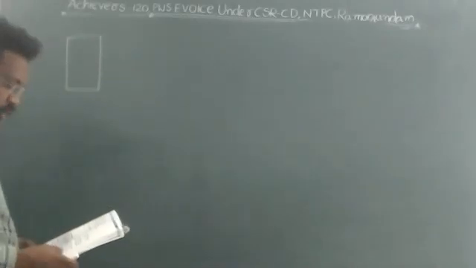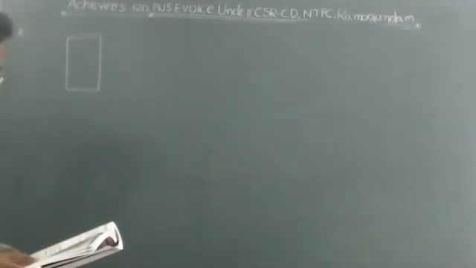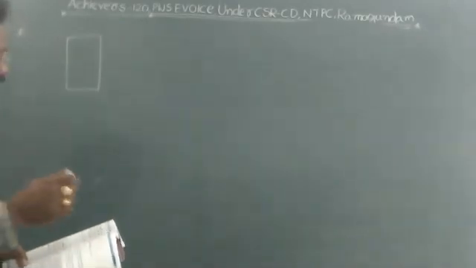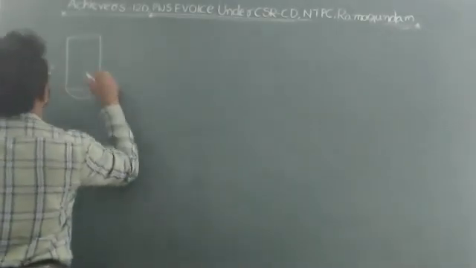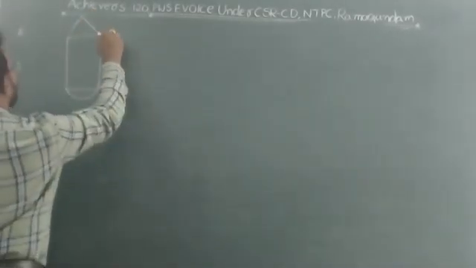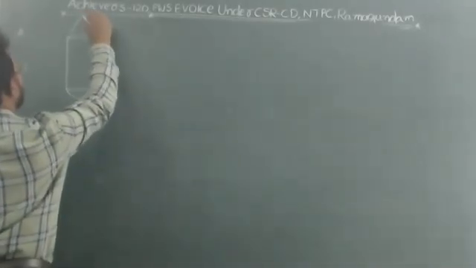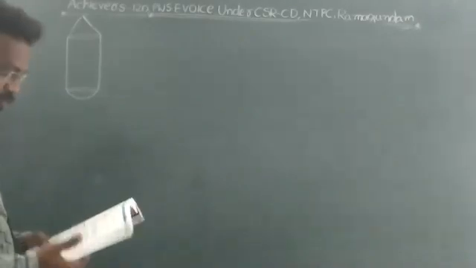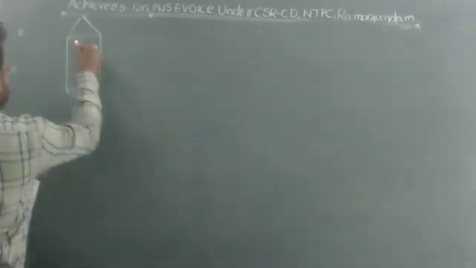This is the hemisphere, and here the cone is the cone. Once again, a solid is in the form of a right circular cylinder.